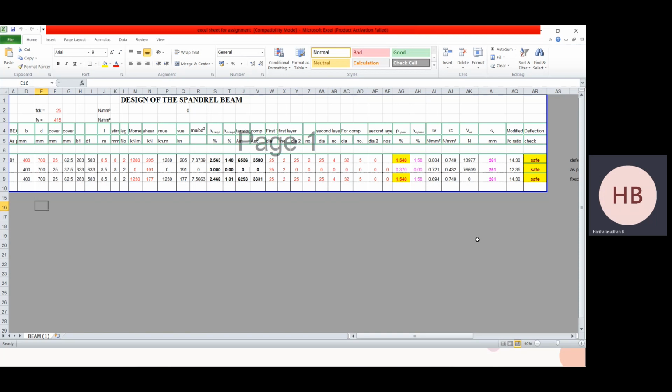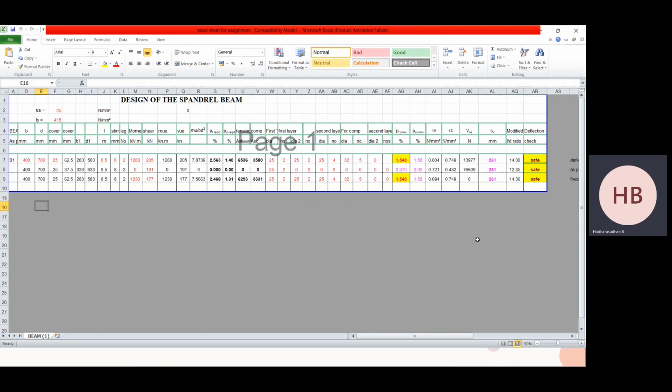Then the number of legs: we are using 2 legged here, so we have taken 2 legs with 8 mm stirrup. Then the moment and shear have been found out by using STAAD values, or we can directly substitute the formulas and get the required moment and shear.